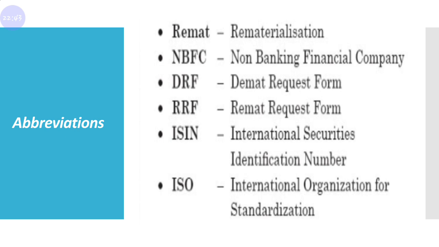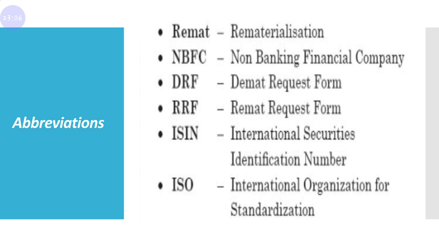Now REMAT, which means rematerialization. Next is NBFC, that is a non-banking financial company. DRF, this is a DMAT request form. Next is the RRF, which means a REMAT request form. Next is ISIN, it is an International Securities Identification Number.